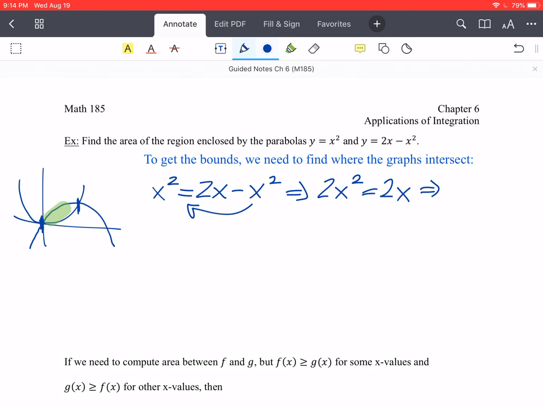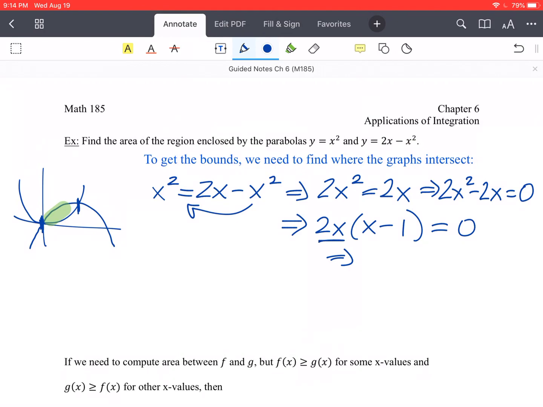So I'm just going to subtract it all over. So it's going to be 2x squared minus 2x equals 0. And now we can factor it, and that way we don't lose any of our solutions. So factor out a 2x, and we're left with x minus 1.